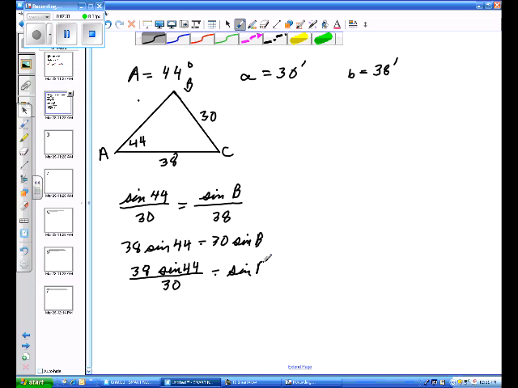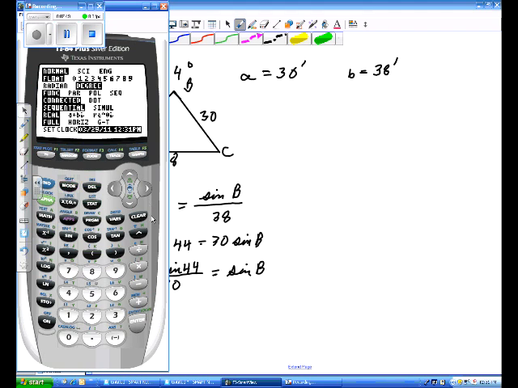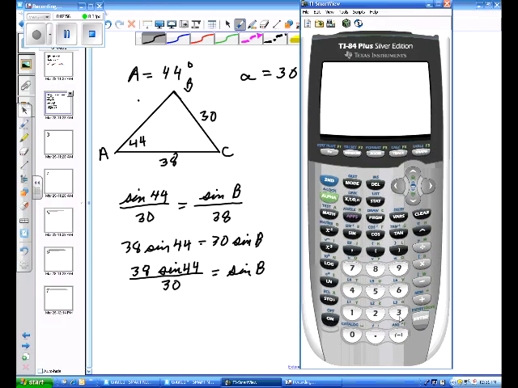Now, if you remember what we end up having to do here, since we're solving for an angle, we're going to have to do the inverse sine. So let's look at our calculator, and make sure that we're in the degree mode. Now, you can do this one of two ways, and most of the time I forget about doing my inverse sine first.